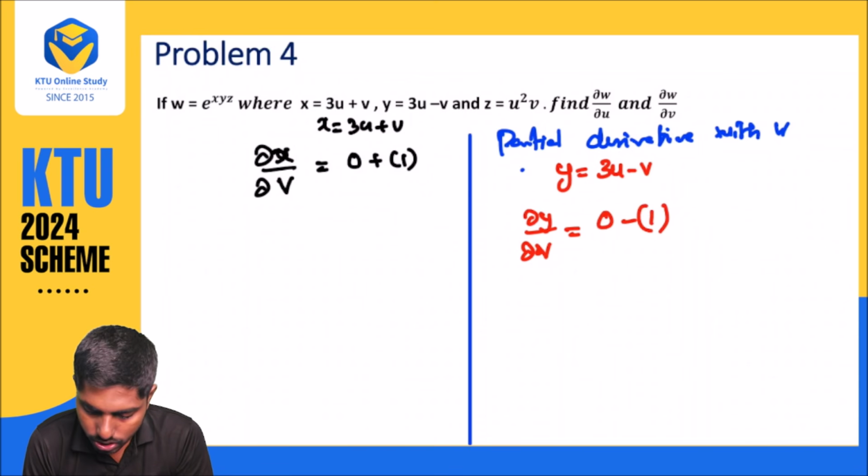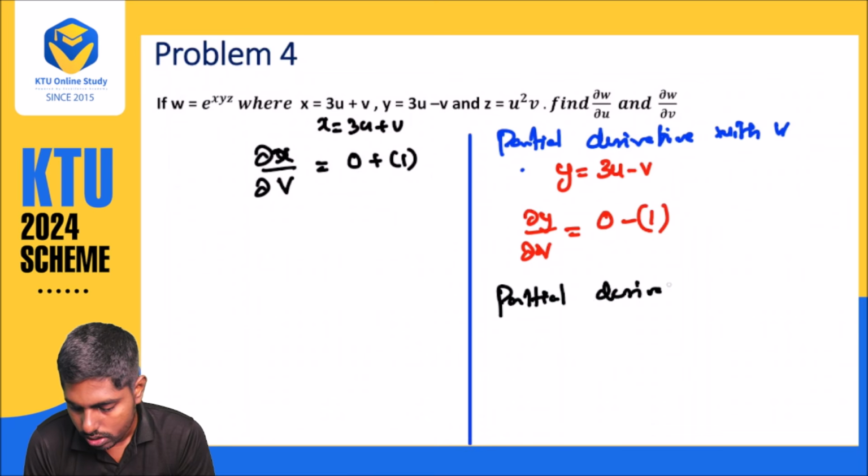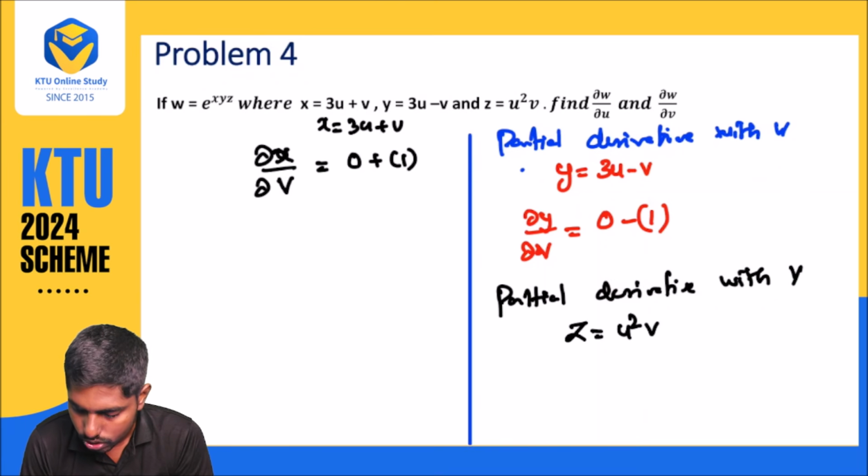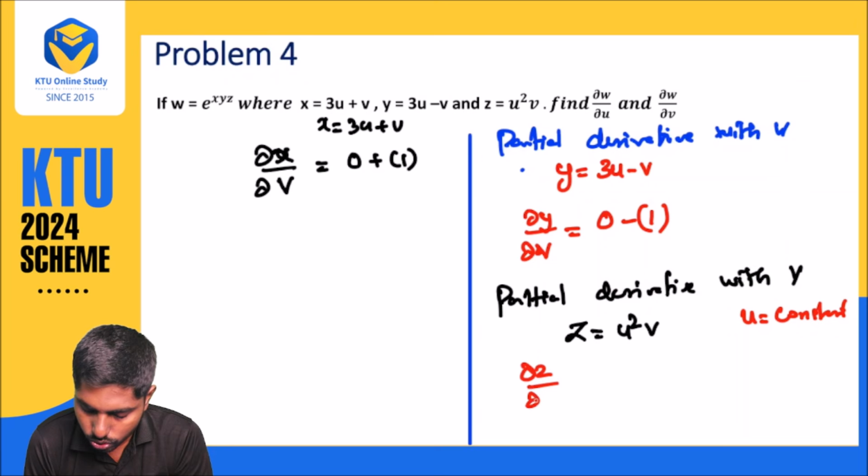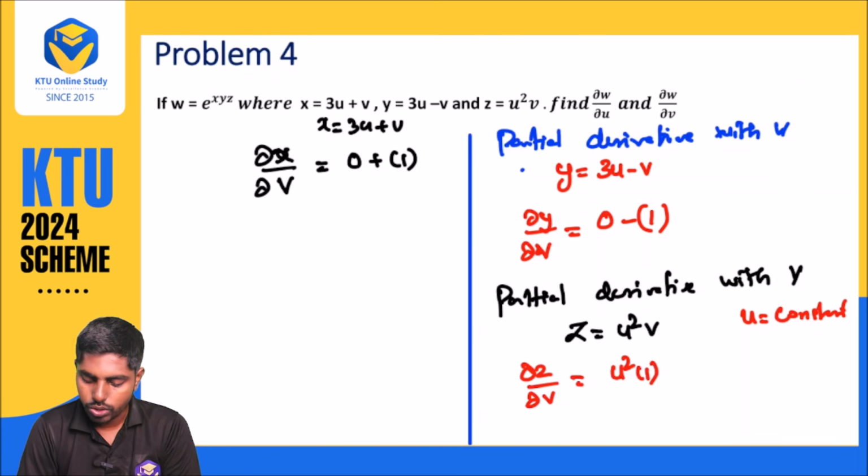Similarly, the partial derivative with respect to v for z is equal to u square plus v. So we know u square is a constant, here u is equal to constant, so ∂z/∂v is equal to u square into 1.